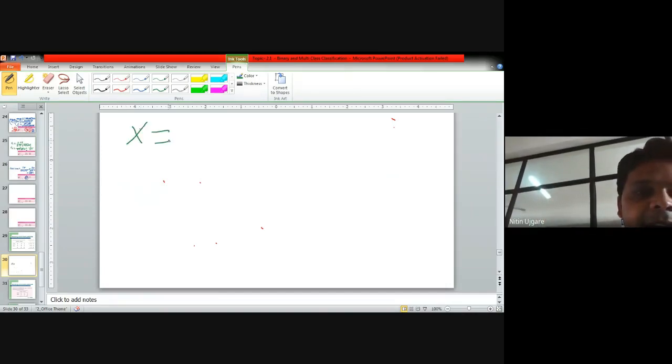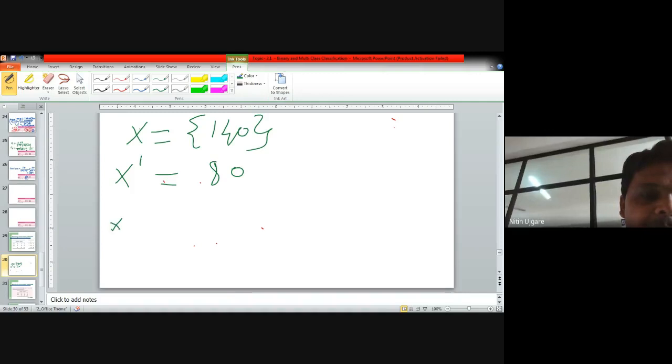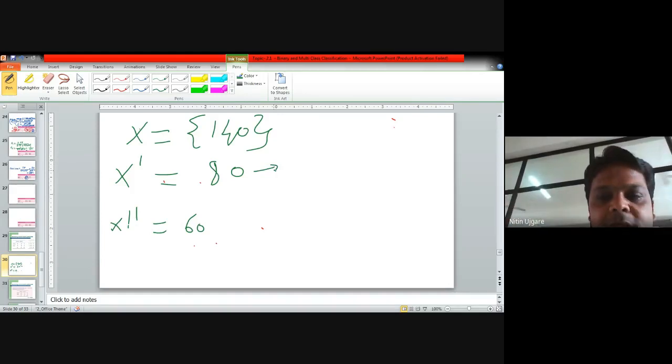I have a data set which consists of 140 instances, and I have split this data set into two subsets: x1, which consists of 80, and x2 dash, which consists of 60. Now let's say we go back and use the same approach.